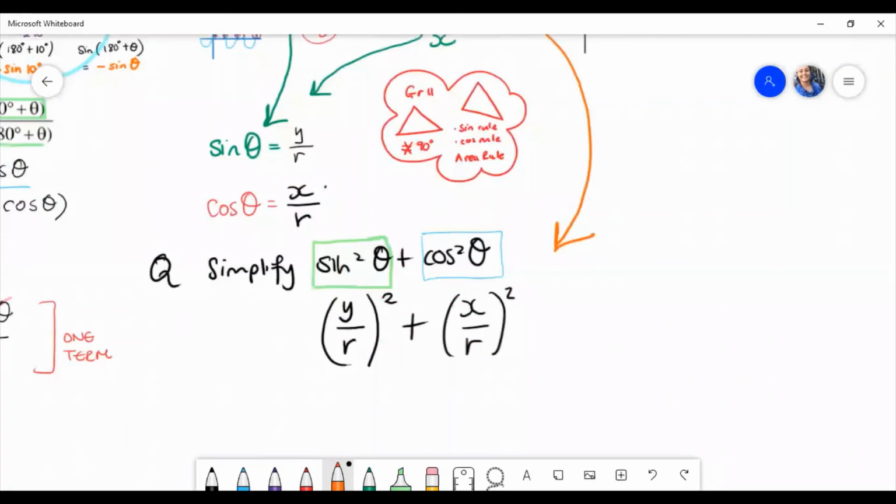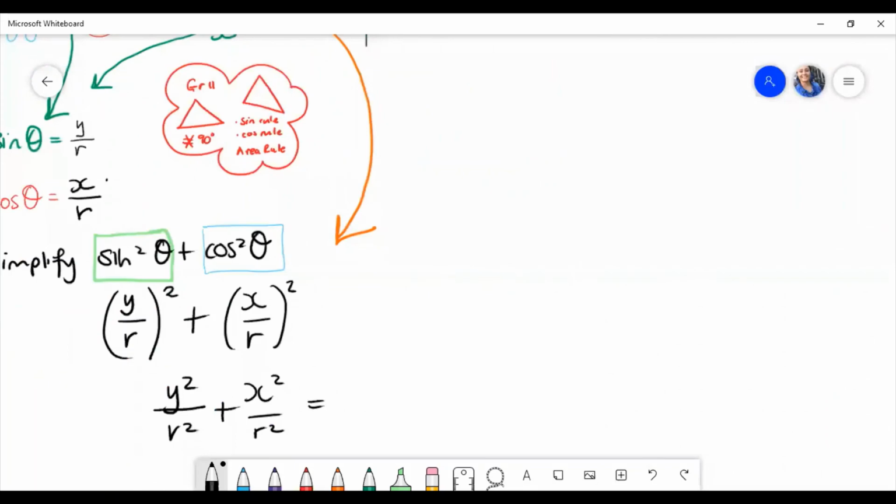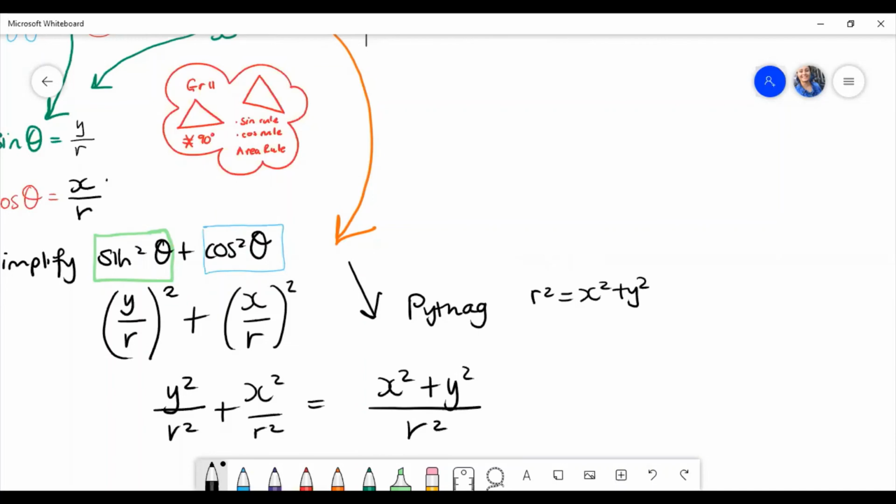So now y squared over r squared plus x squared over r squared allows me to work with x squared plus y squared over r squared. And that's where the connection comes in from Pythagoras, that r squared is in fact equal to x squared plus y squared. Therefore, we are replacing it with r squared over r squared, and my answer is 1.